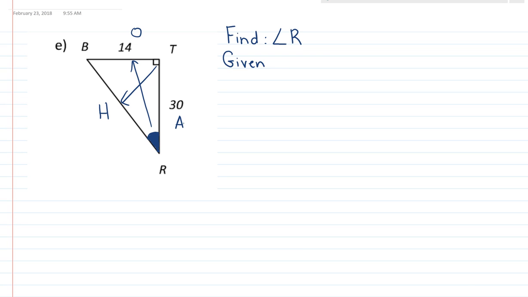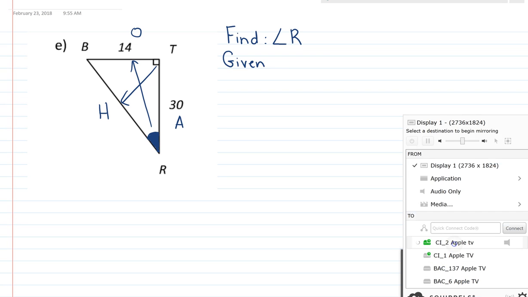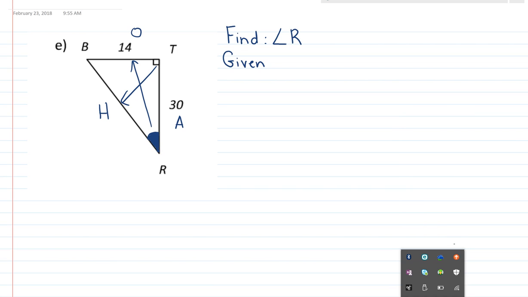Do you have it written down on your page? Oh, there you go. So what's given here? Good. The opposite, and which is what? What is the opposite? Good. What else is given? H is not given. Yes, A is definitely given, which is?